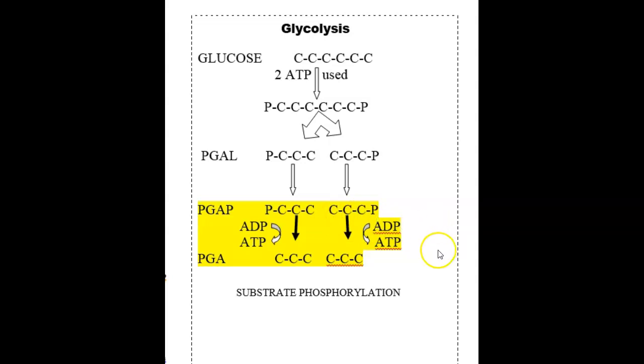We give a phosphate to ADP, and now we have 2 molecules of 3 carbons. So phosphorylation just means to make ATP. It made ATP by taking off a phosphate from a substrate. It has nothing to do with oxidation and reduction, nothing to do with chemiosmosis, anything like that.